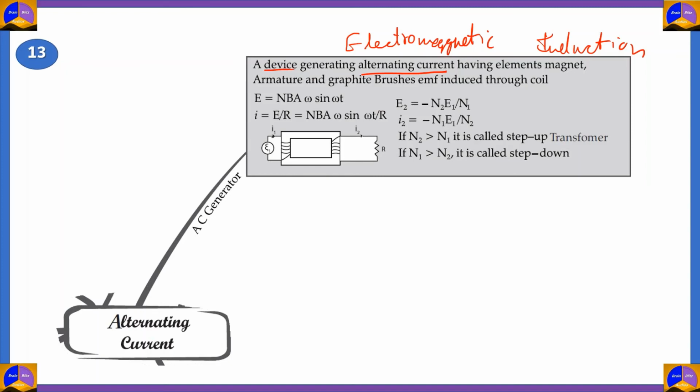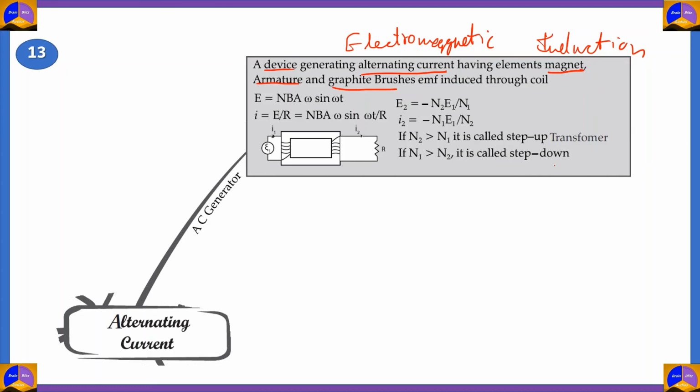The elements used in an AC generator include a magnet to create the flux for producing the current, and then we need an armature, that is the coil, and then we need graphite brushes to take the current out, so to take the current away from the generator and towards the power supplies.